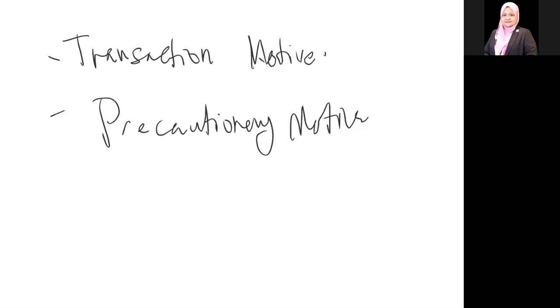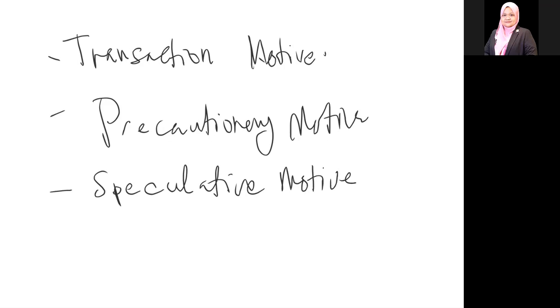Okay, so it's precautionary motive. Third is speculative motive. Speculative motive is an action where you gain profit from the situation. Okay, for example, the example of credit term just now.